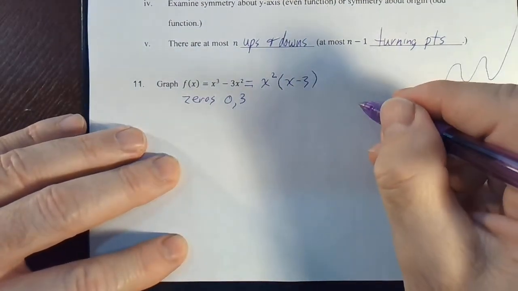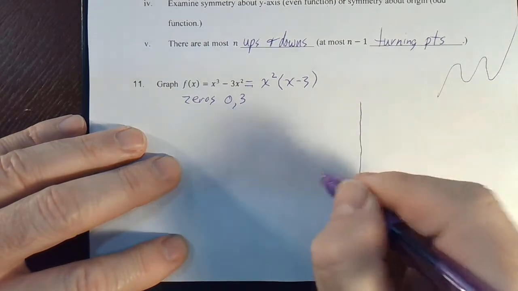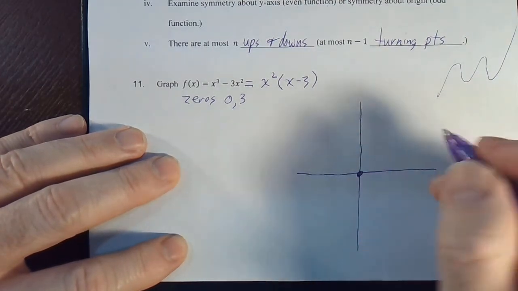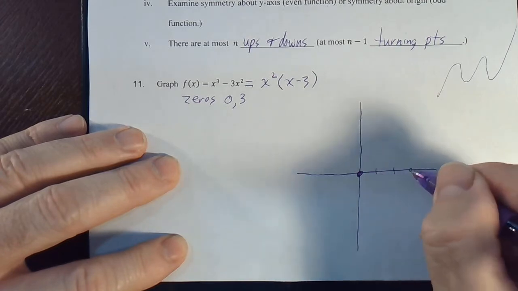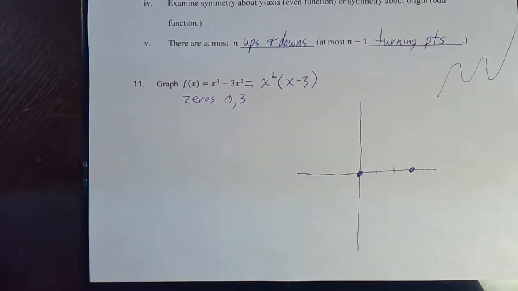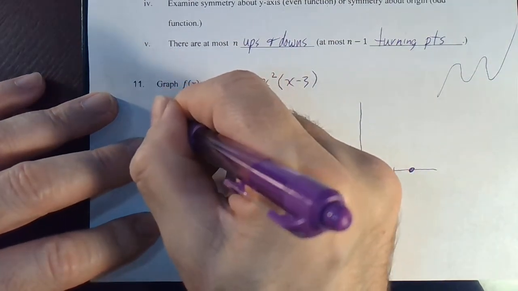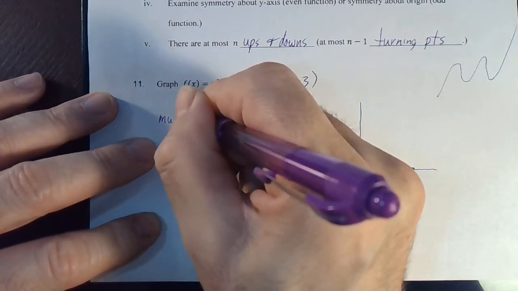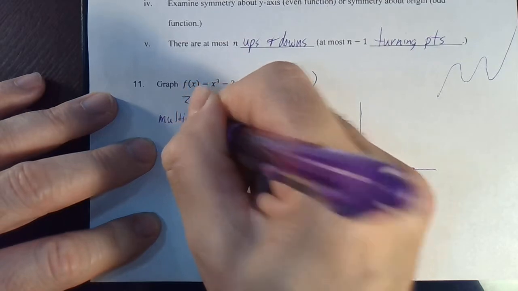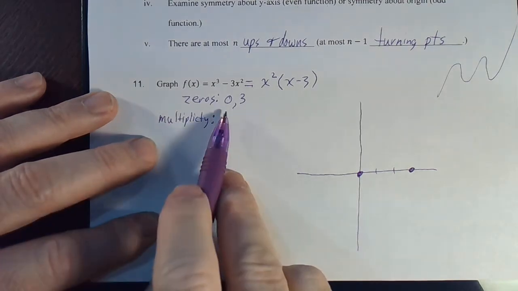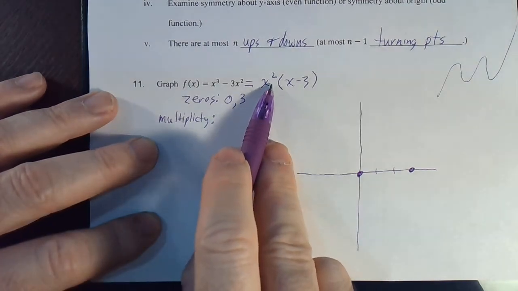So let's see, it's going to be real informal here. I'm drawing my own xy plane. So we've got a 0 at 0, and then 1, 2, 3. All right, well, I'm going to go ahead and write down what the multiplicity of each 0 is. 0 has a multiplicity what?